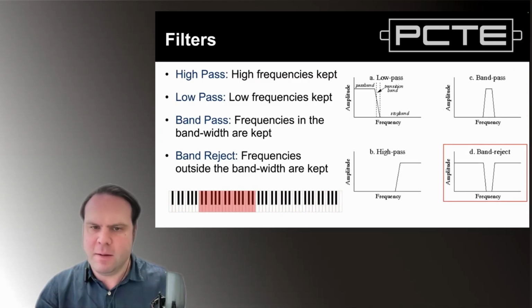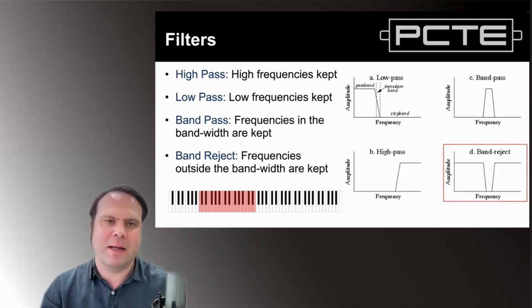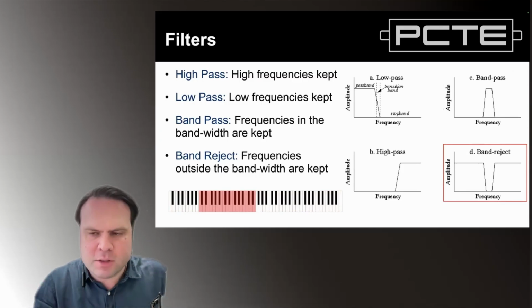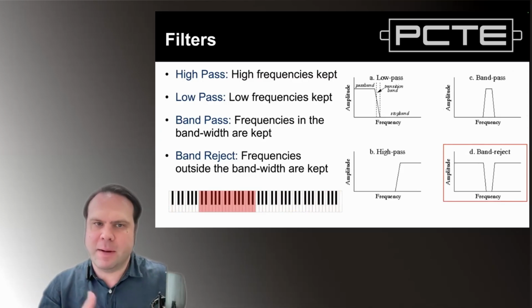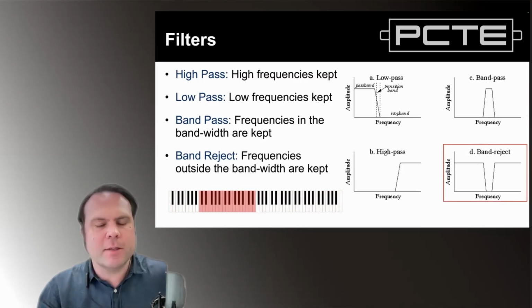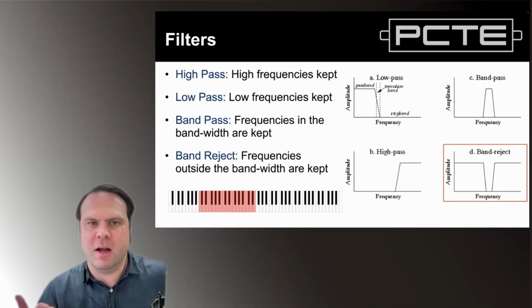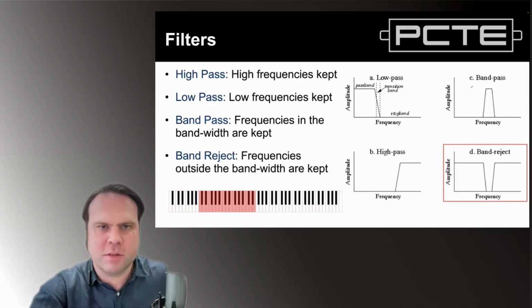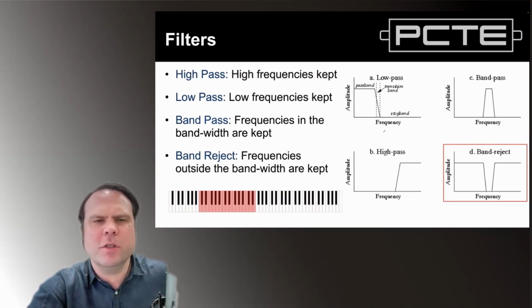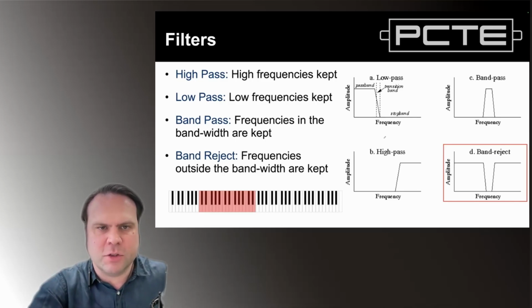So again, rule of thumb with your impact echo testing, the frequencies we care about tend to be somewhere above 500 hertz. So a good general setting would be a 500 hertz high pass filter for impact echo testing.